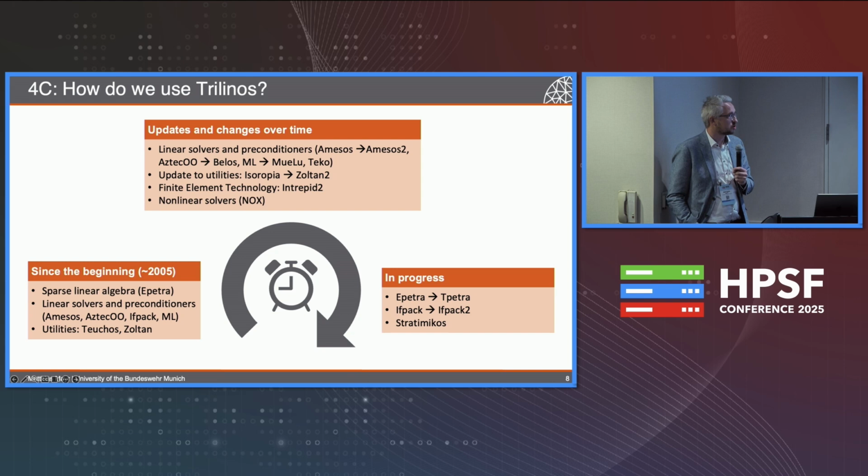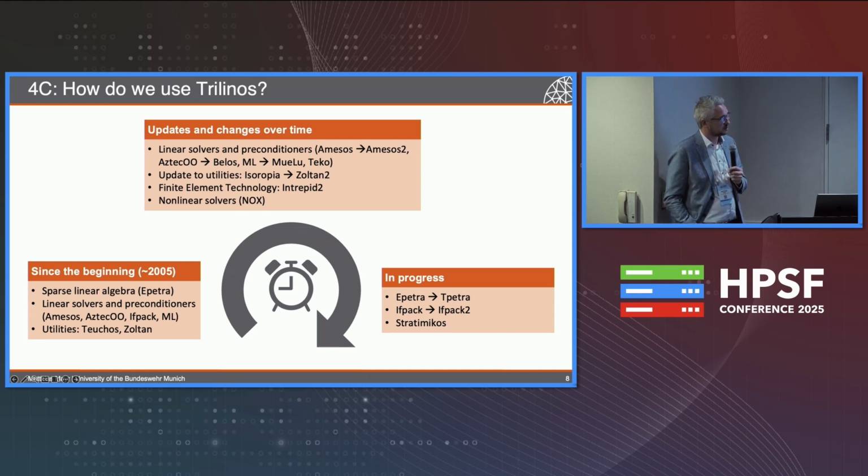And so we have also now recently updated, in this move towards Tpetra, those packages. So switching from Amesos to Amesos2, ML to MueLu, AztecOO to Belos, and so on. This is completed, the stuff in the upper box.